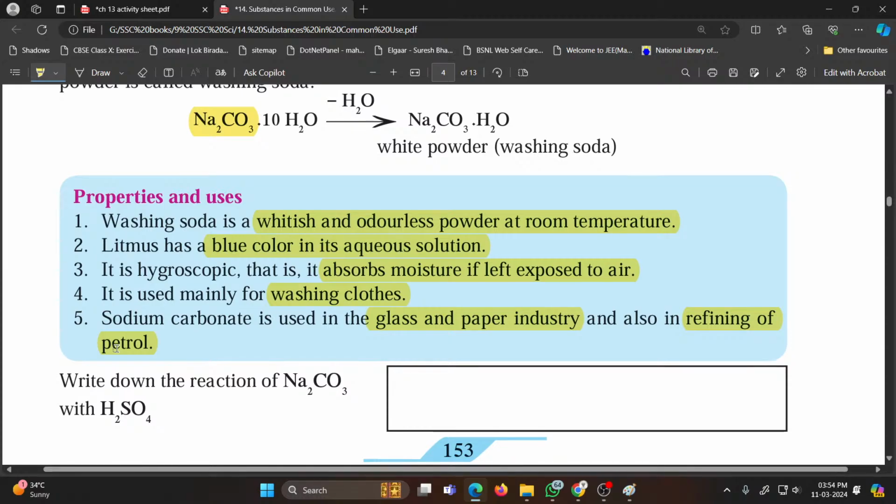It is basic in nature. That's why it changes the red litmus blue. Then hygroscopic, that means it absorbs moisture, absorbs water vapor. Used for washing clothes, in glass industry, paper industry, and refining of petrol.